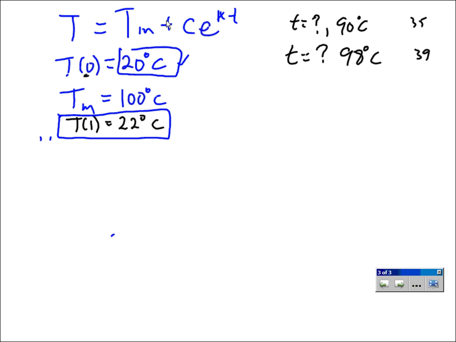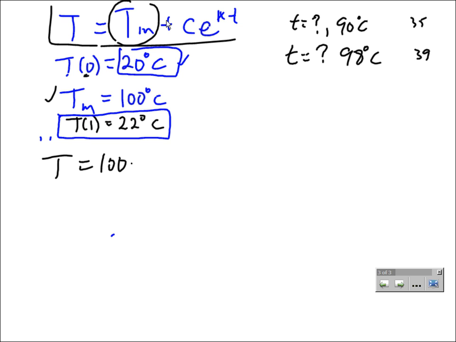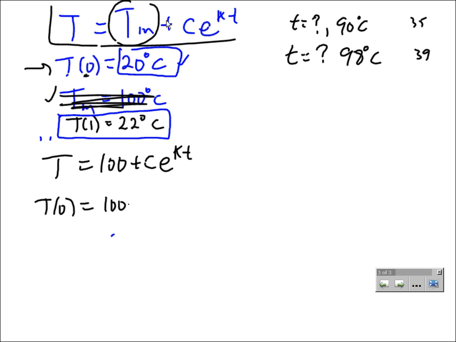Okay, so what do we know with respect to this equation? We know what Tm is, it's 100. So T is 100 plus c e to the kt. And T of 0 is 100 plus c e to the k times 0.